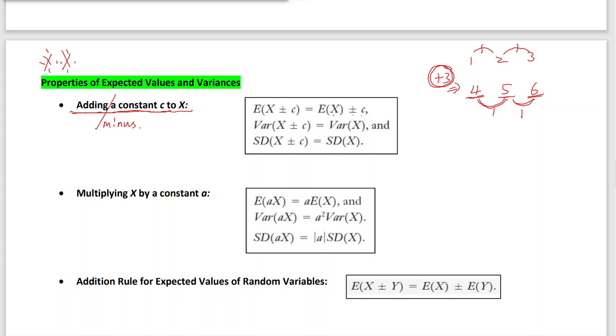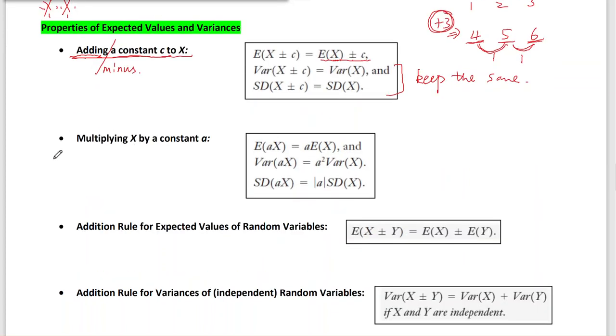If we add or subtract a constant c to the variable x, the expected value will be plus or minus c, but the variance and standard deviation will stay the same. No effect from the constant c. All right, so this is adding or subtracting.